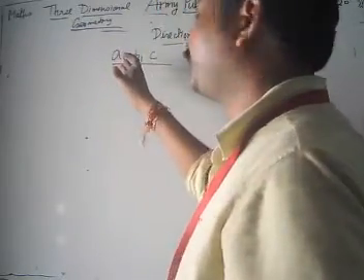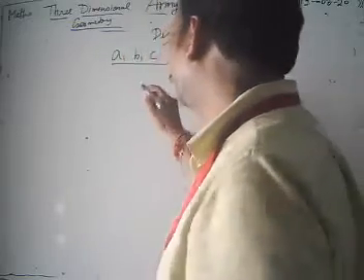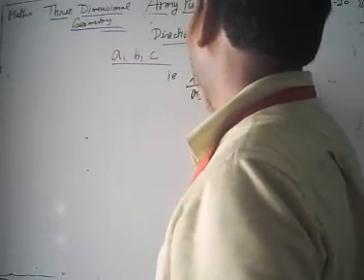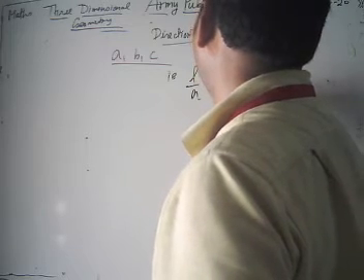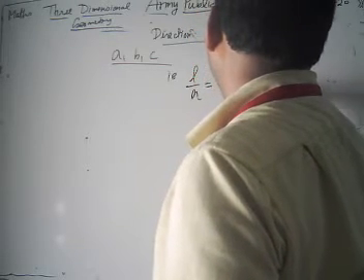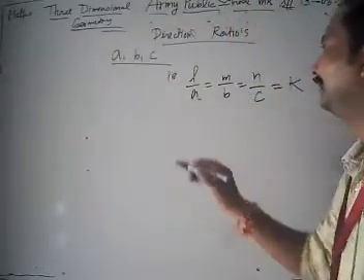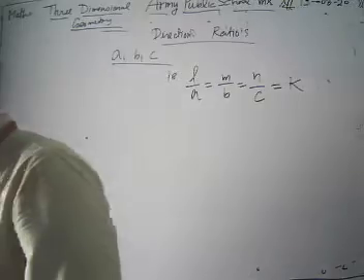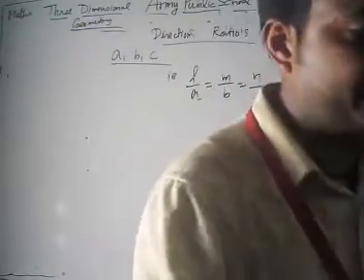That is, l by a is equal to m by b is equal to n by c is equal to k. Then these a, b, c are known as direction ratios.